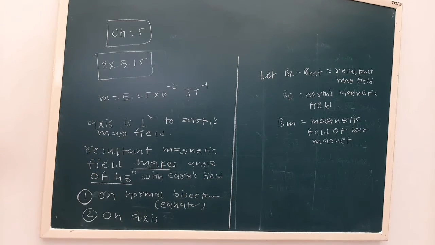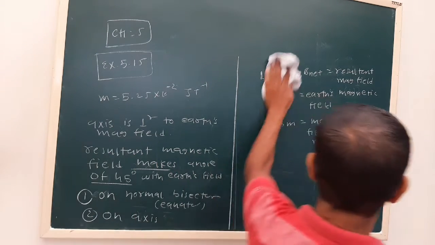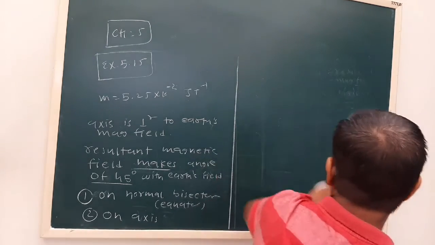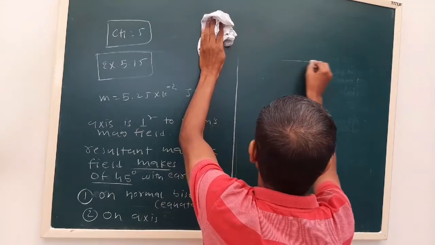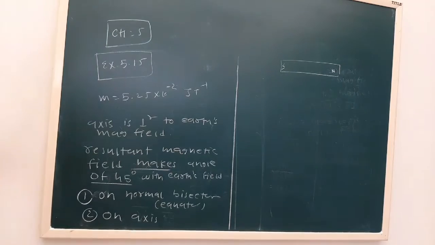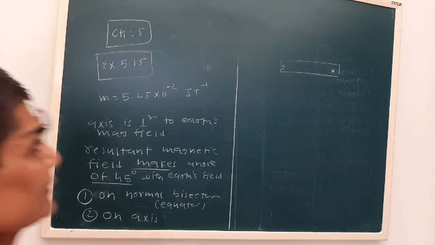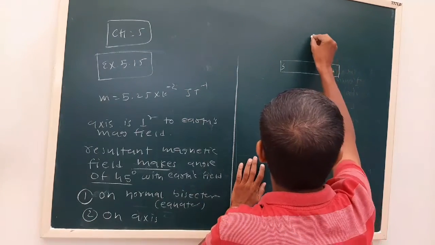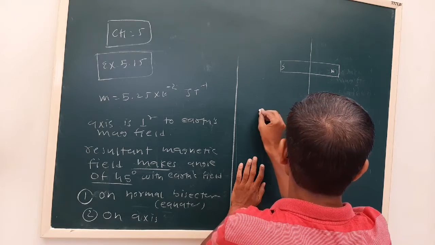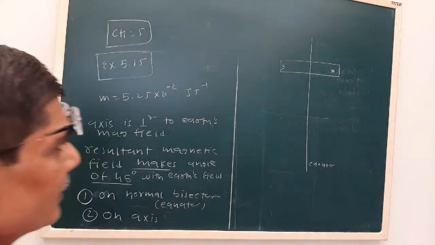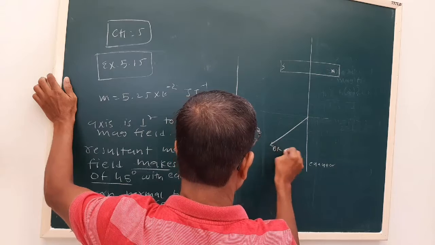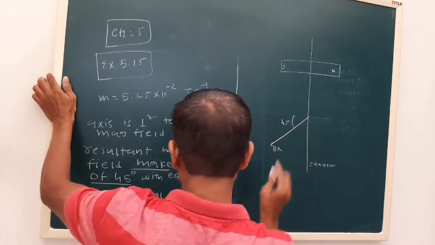Now see what will be the situation. Now let us say the bar magnet is like this. See, it is aligned like this. Now this is the equator. Now let us say somewhere here is the resultant magnetic field BR, that makes 45 degree.